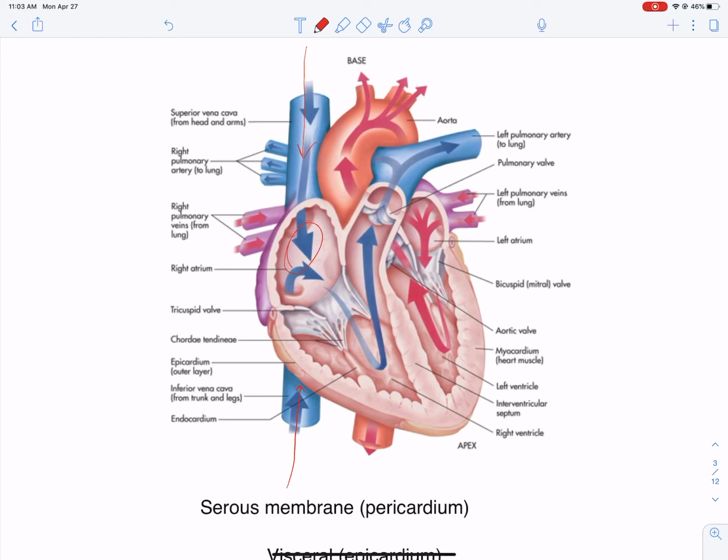Both of those are going to dump into the right atrium. We have what's called the tricuspid valve. That's the atrioventricular valve between the right atrium and the right ventricle. And when the atrium contracts, it's going to open up those valves and push the blood here.